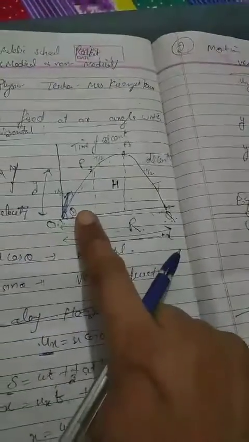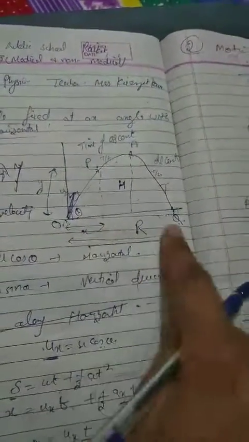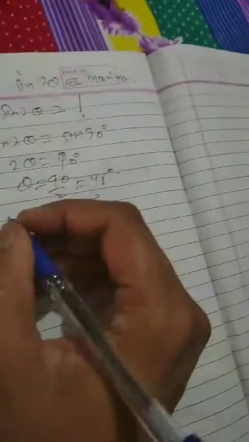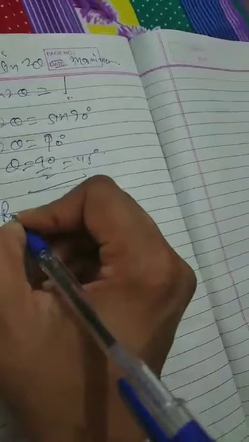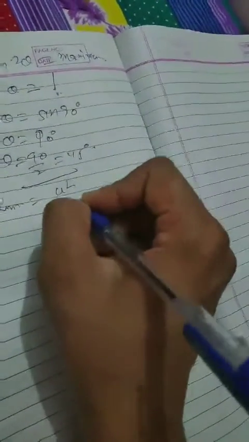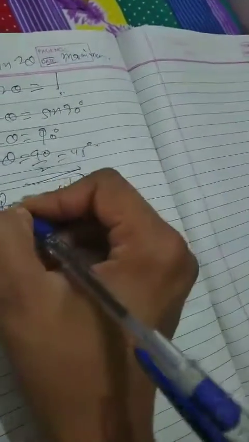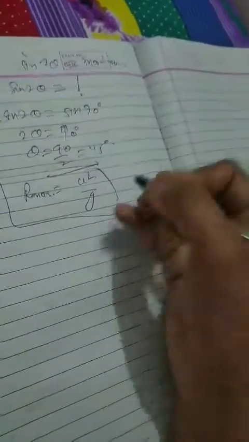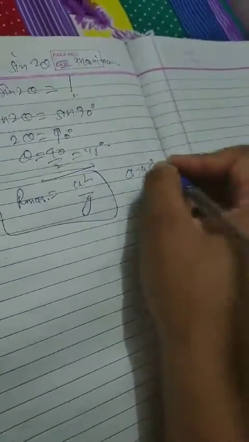When this angle of projection will be 45 degree, then this will be the maximum range. So we can say that for maximum range, R maximum will be u square upon g only, and the angle will be 45 degree.